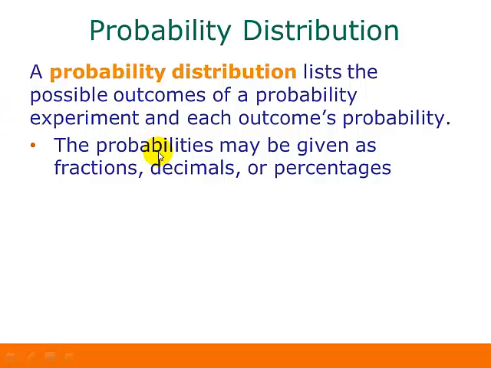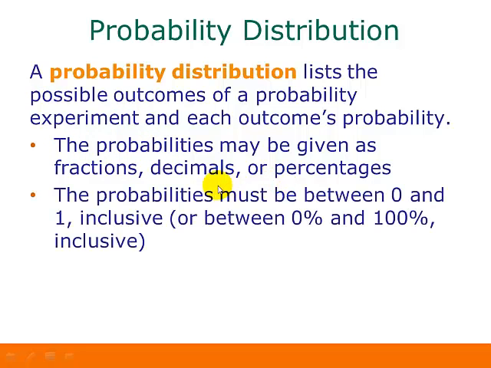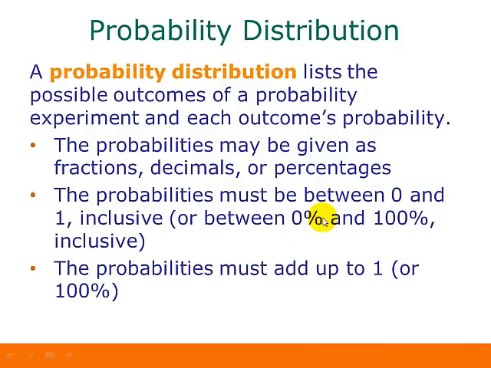So the probabilities in our distribution table can be given as fractions, decimals, or percentages. Again, the probabilities have to be between 0 and 1. It could be either 0 or 1. Or if we're doing it in percentages, they could be between 0% and 100%. And the probabilities in the table have to add up to 1 as long as the table includes all of the possible outcomes that are in the sample space.